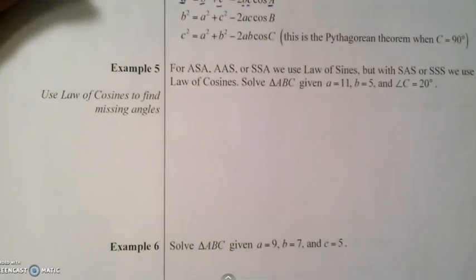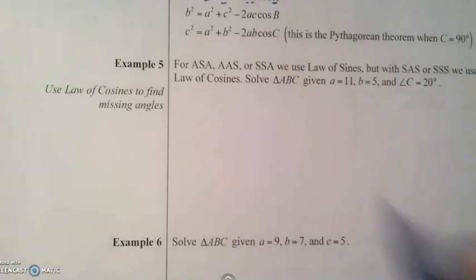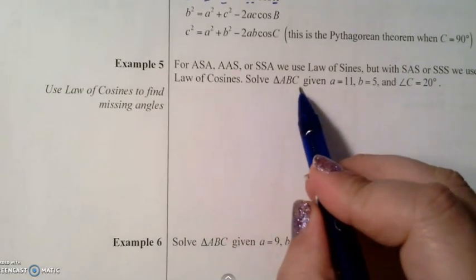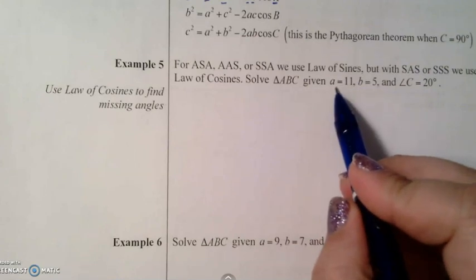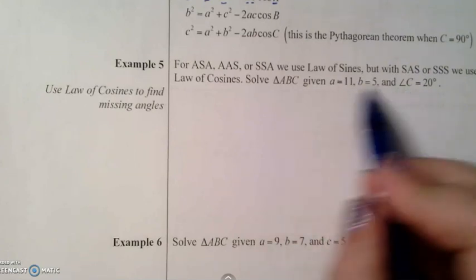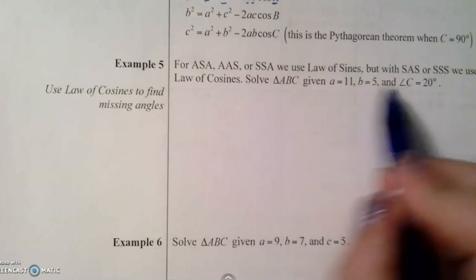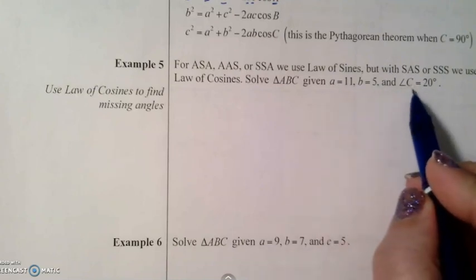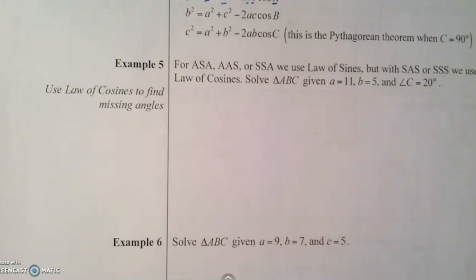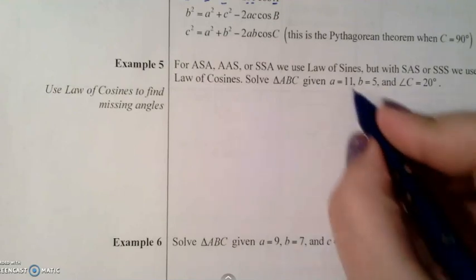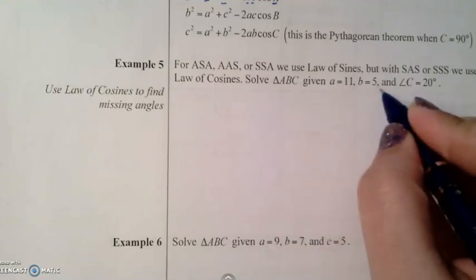In example 5, we're looking at triangle ABC, given that I have side A, side B, and angle C. I have all 3 variables here, A, B, and C, and only one angle, so that tells me I have to use the law of cosines. The first thing we're going to solve for is the missing side.